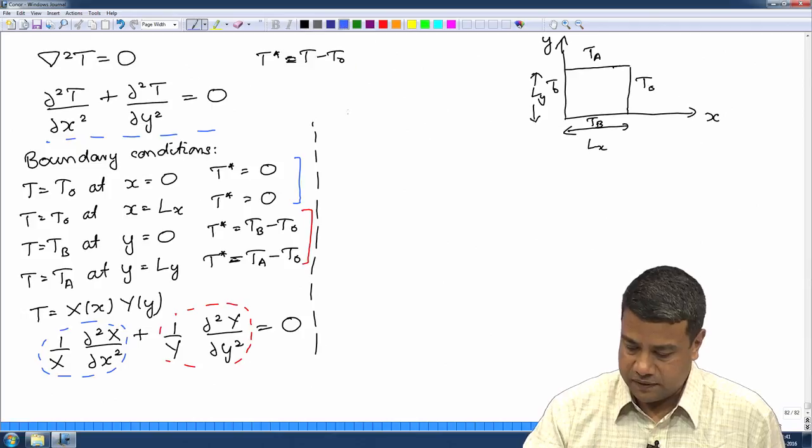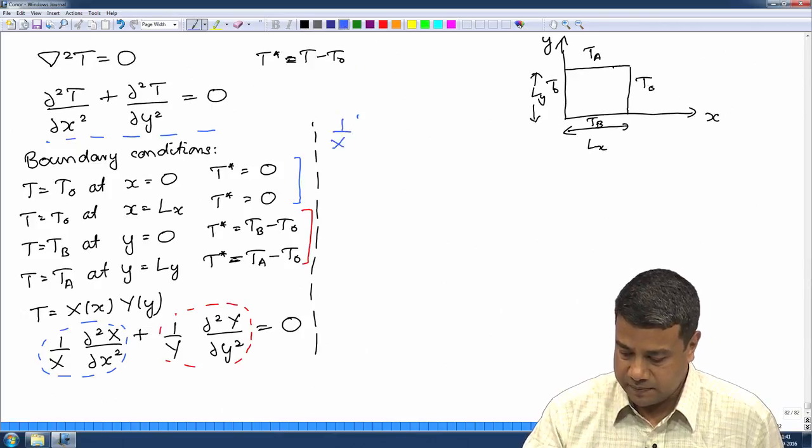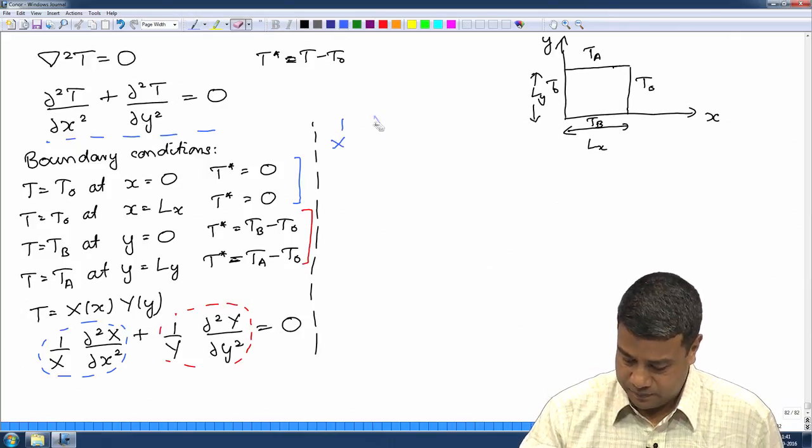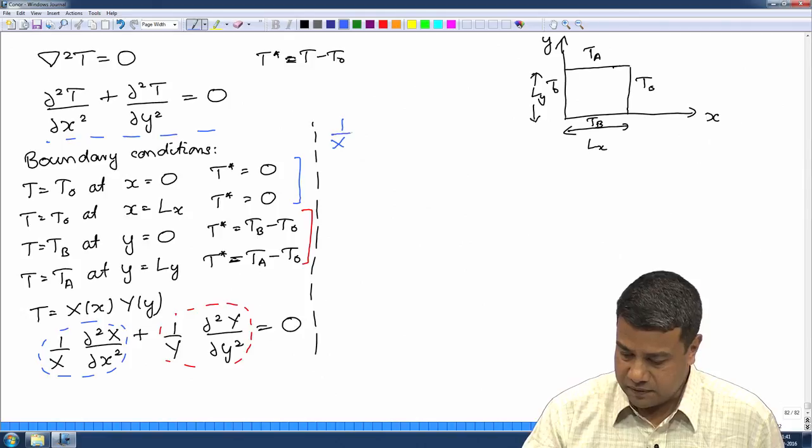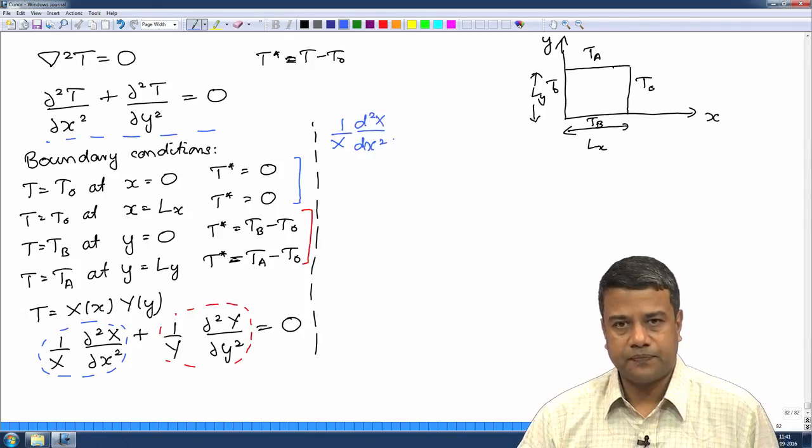So, if I take the solution of this equation, this is a total derivative because X is only a function of x. There are two possibilities.